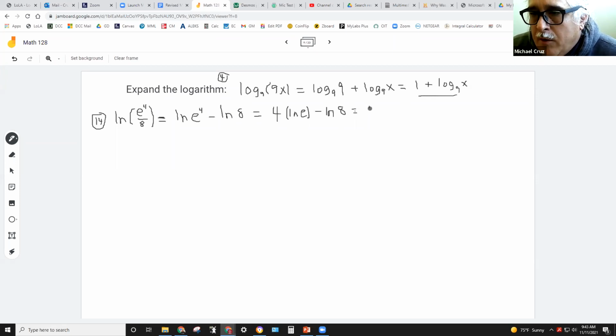We're going to get a 1, but we got a 4 multiplying that one. So there we go. That's as far as we can go as far as expansion.